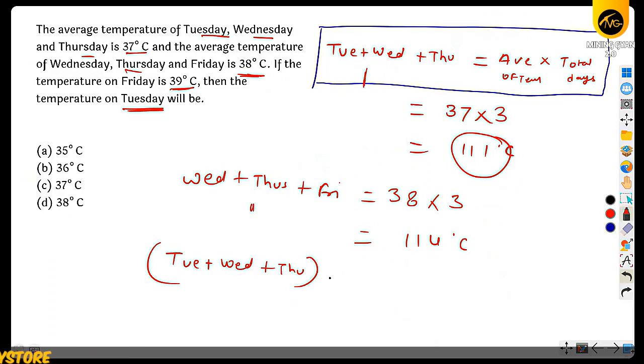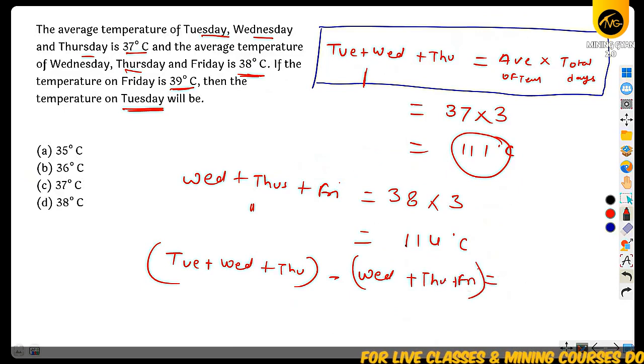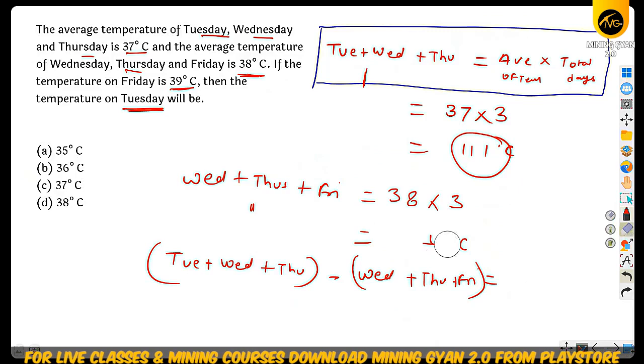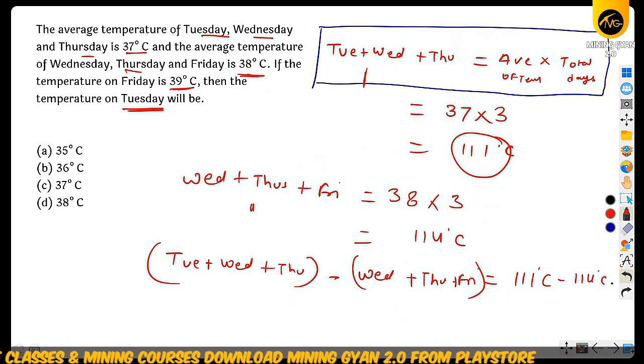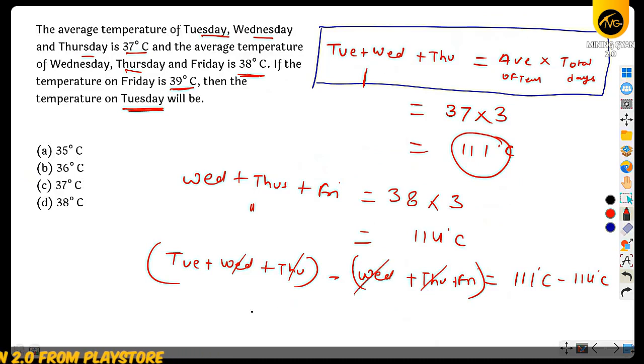Now the second one is minus Wednesday plus Thursday plus Friday, which is equal to 114 degrees Celsius. Now in this case, we just subtract 111 degrees Celsius minus 114 degrees Celsius. Now Wednesday and Thursday cancel out. Now we have Tuesday minus Friday.